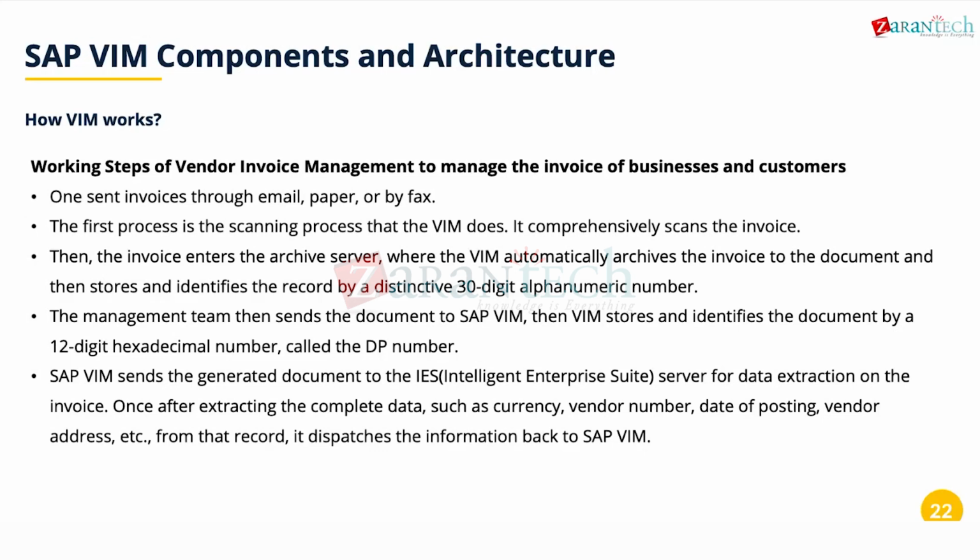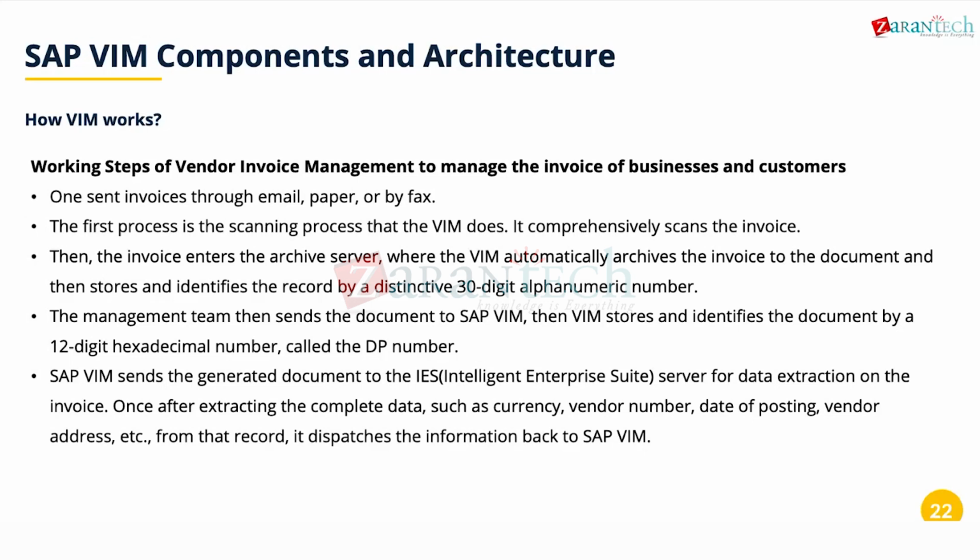The five primary important parameters are the identification of the vendor number, the identification of the company code, your invoice reference number, invoice date, and invoice amount. These are the five very important parameters which need to be extracted for posting the document. The rest of the information is optional, or you can ignore it, depending on how much data you want to extract. But these five are primary and needed.